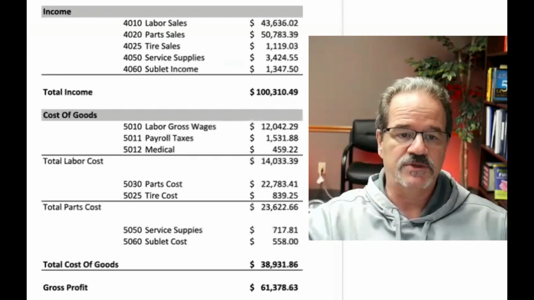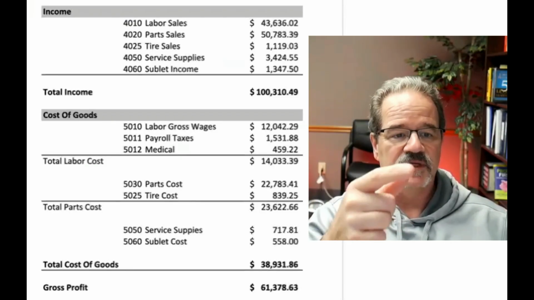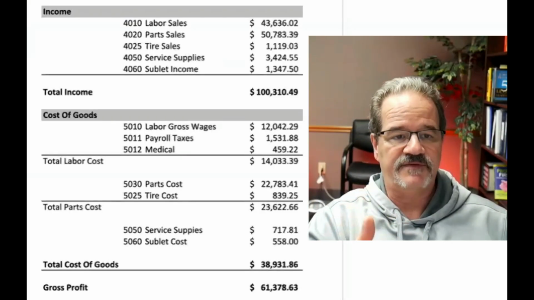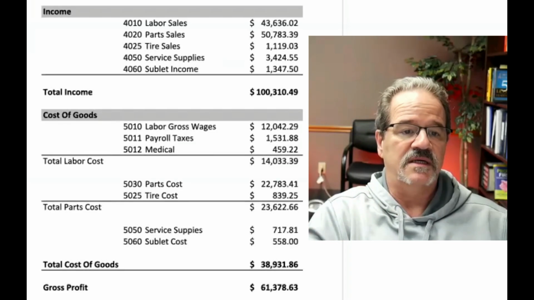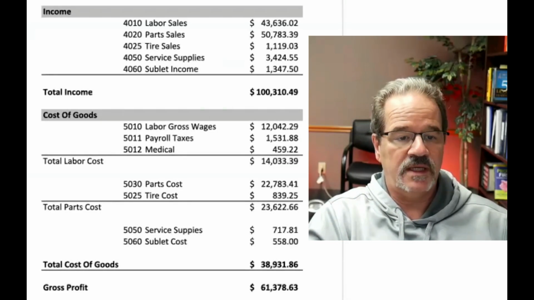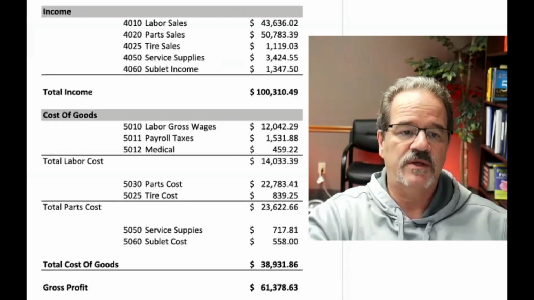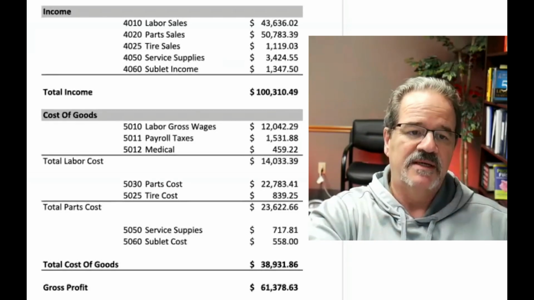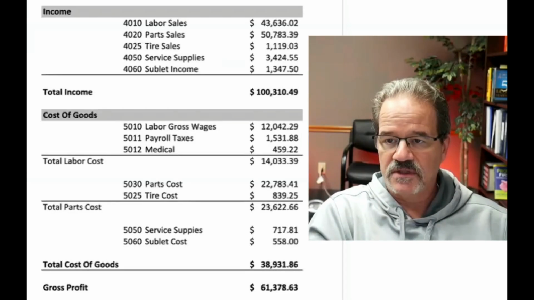So if you've got labor sales, you can see labor cost. You see a 40-10 there on the screen, and then a 50-10. You should see maybe parts cost. At the top it says 40-20, potentially it should say maybe 50-20 on the bottom. But for every one of those items on the top, there should be an offsetting cost of sales.